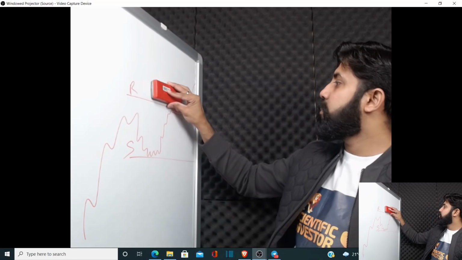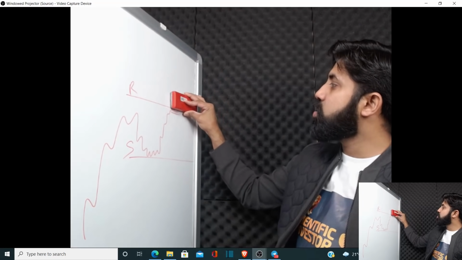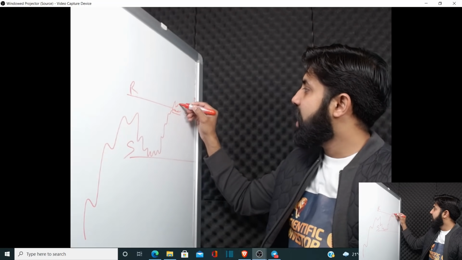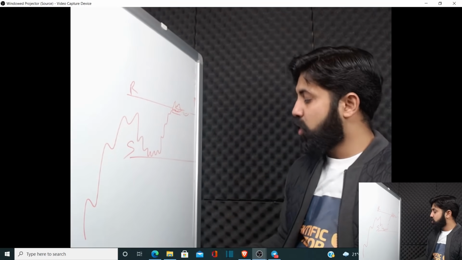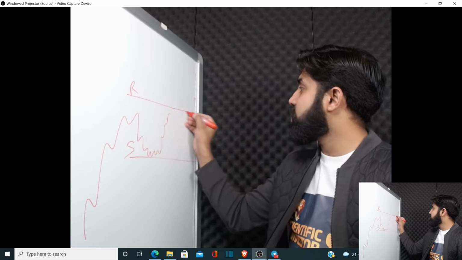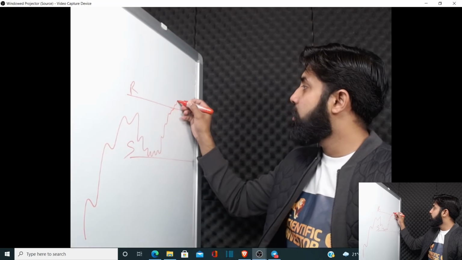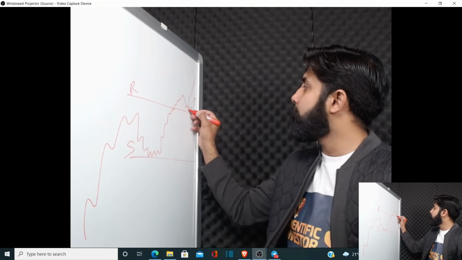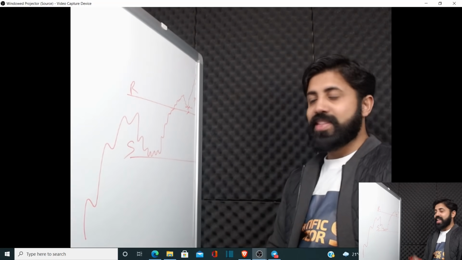But the problem with buying into a retest is that we may not always break this and come back to this area. Most of the time, or say 50% of the time, you have this resistance, you broke above, but you continue higher and then come back like this and then go higher. So you miss that range of price.